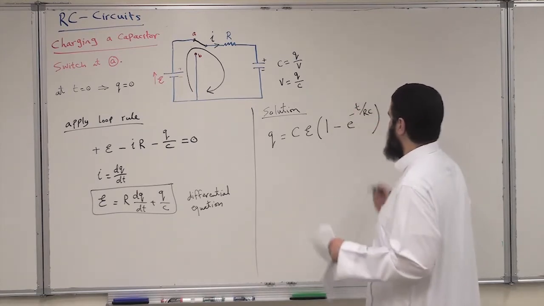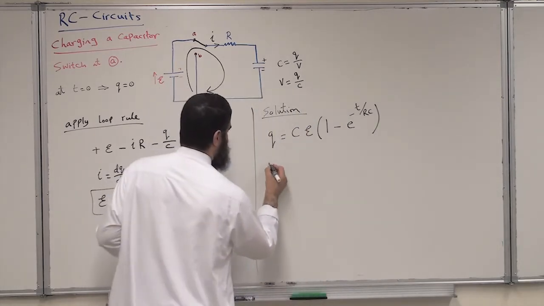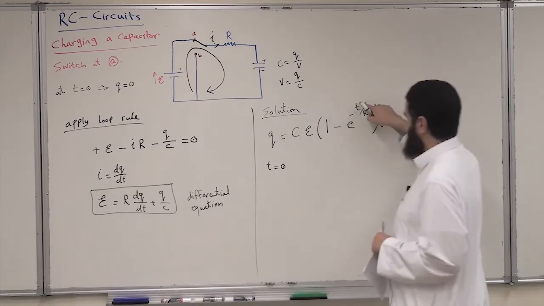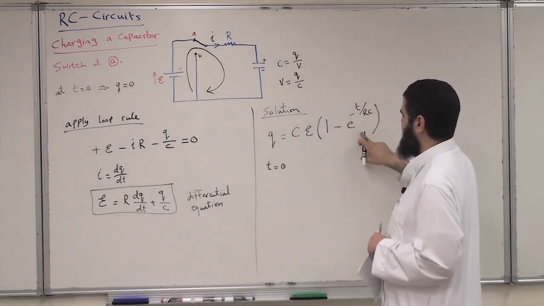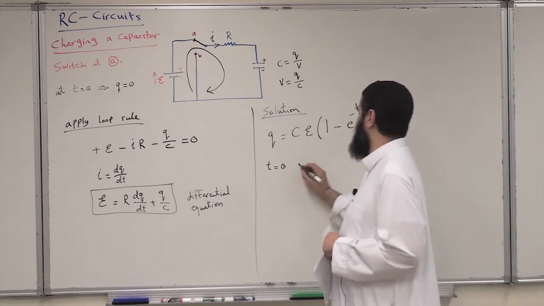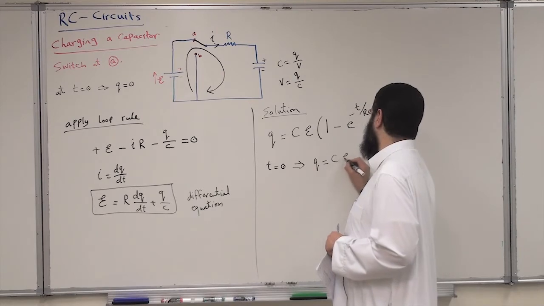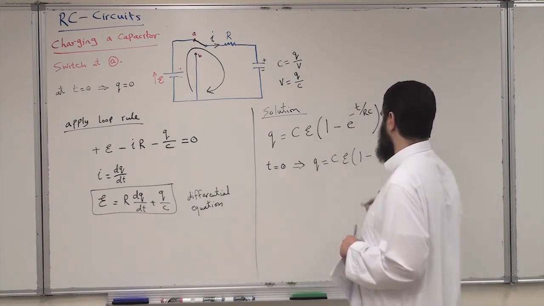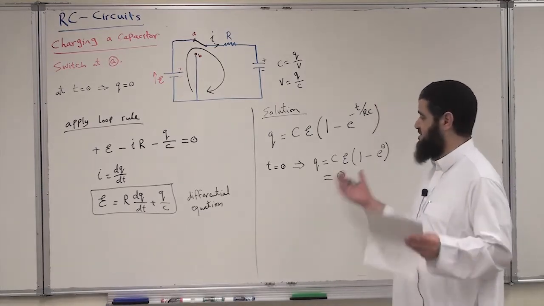Let us check what this equation says. If t equals 0, anything to the power 0 gives you 1, so 1 minus 1 gives Q equal to 0. This will be C E times 1 minus e to the 0, and this gives us charge equal to 0 when the time is 0. So this is okay with us.